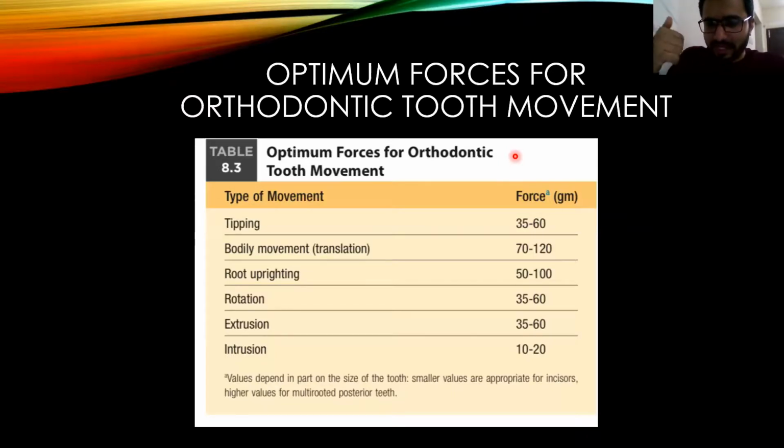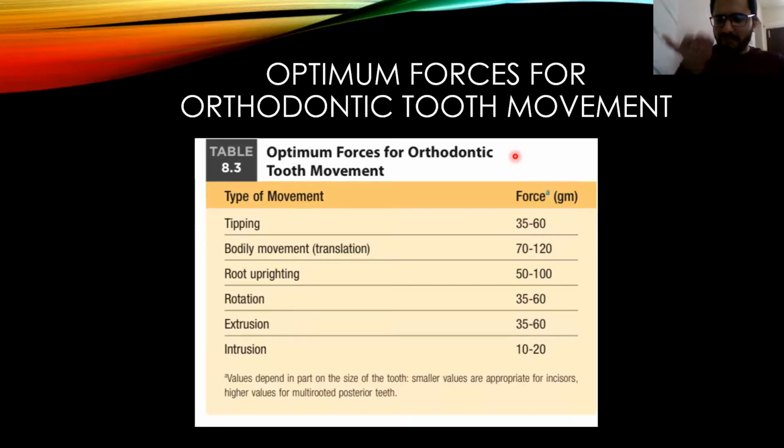The nerve blood supply to the tooth can be stopped if you apply heavy forces, and the tooth can also become non-vital, and there can be root resorption also. So when you're pushing a hard structure against a hard structure, you need to have very gentle forces. Whenever you apply force, there will be bone resorption, right? So apply little force, let the bone resorb, then the tooth can go up.